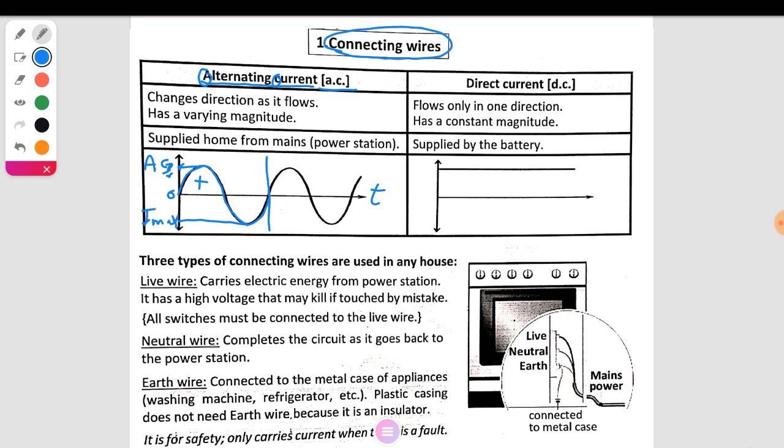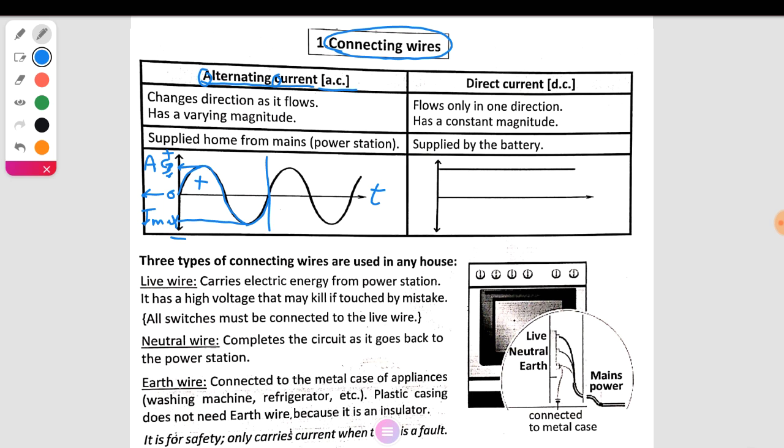The average value of alternating current equals 0, because the maximum positive and the maximum in the opposite direction, negative, cancel. The average value equals 0.